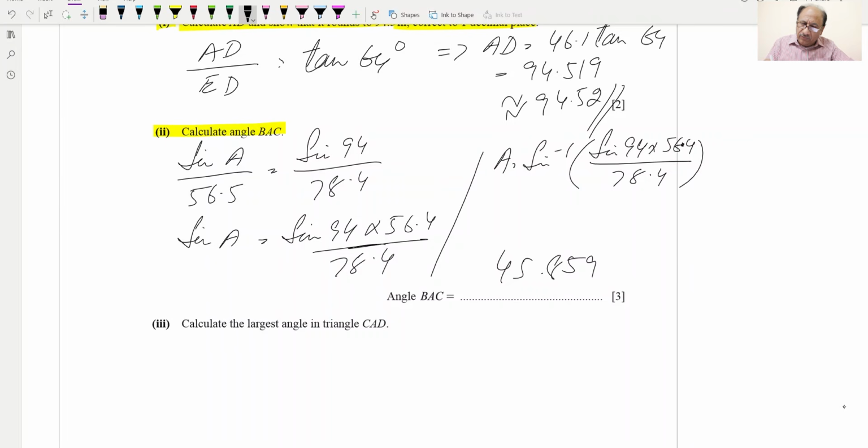Or we can write 45.9 basically up to one decimal place. This will be our answer for 3 marks.